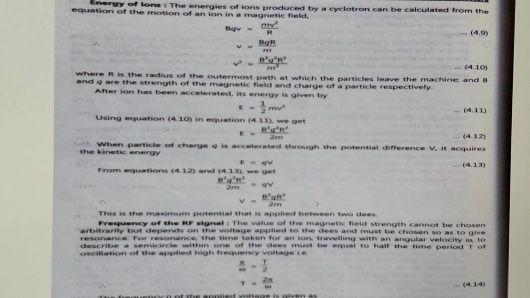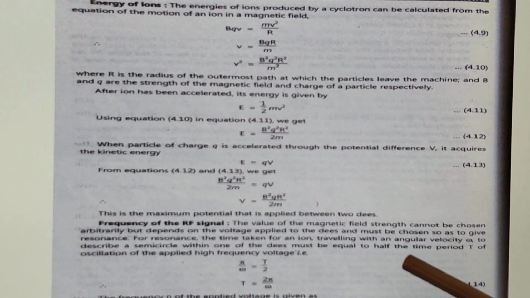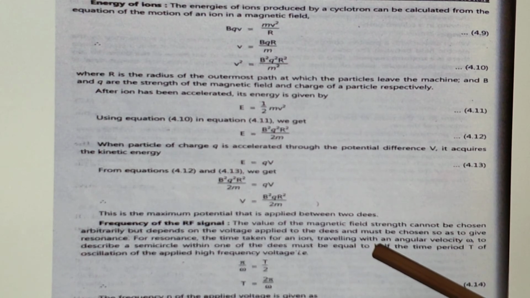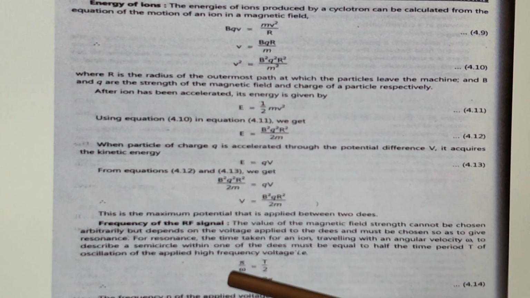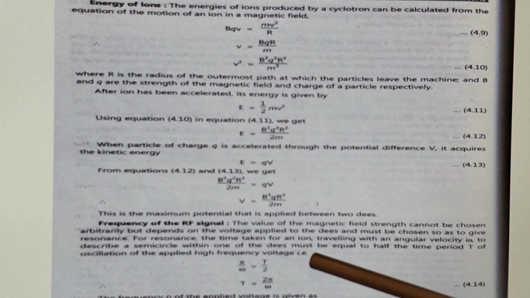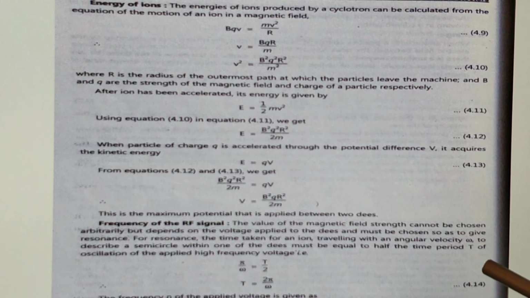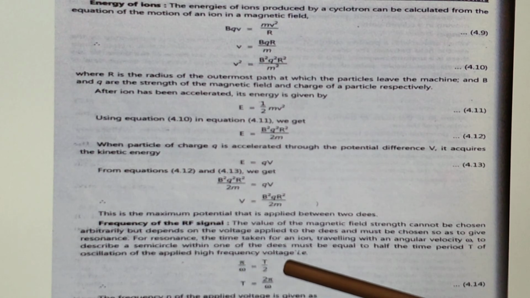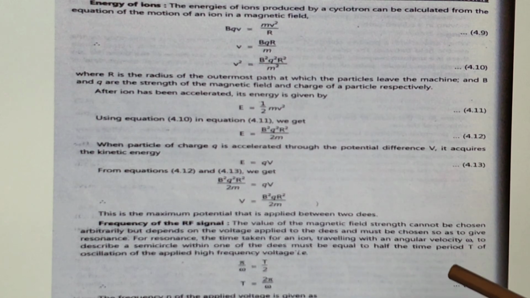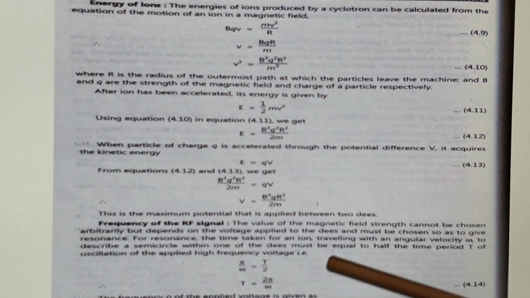Next we calculate the frequency of the RF signal. The value of the magnetic field strength cannot be chosen arbitrarily but depends on the voltage applied to the D's and must be chosen so as to give resonance. For resonance, the time taken for an ion traveling with angular velocity omega to describe a semicircle within one of the D's must be equal to half the time period T of oscillation of the applied high frequency voltage.